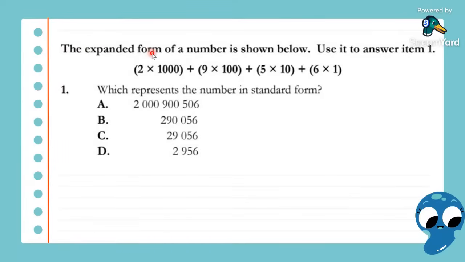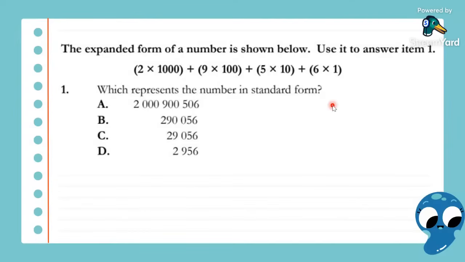The expanded form of a number is shown below. Use it to answer item 1. 2 times 1,000 plus 9 times 100 plus 5 times 10 plus 6 times 1. The question says, which represents the number in standard form? Now, I see persons saying A, B, C, D in the chat, but I want you to put your answer.